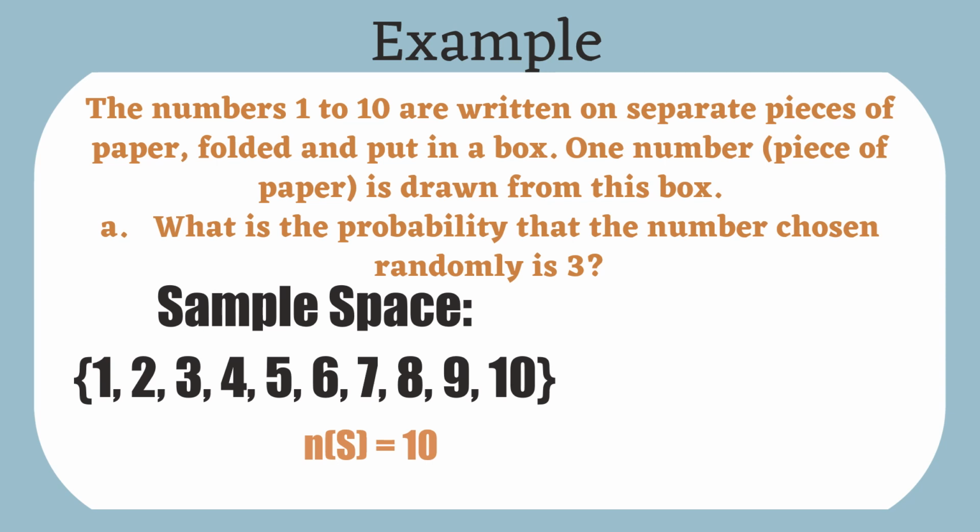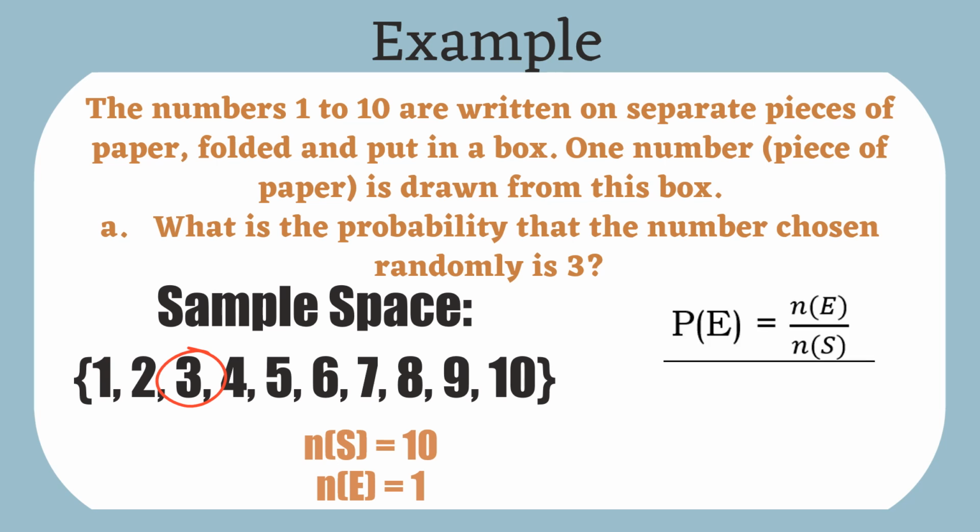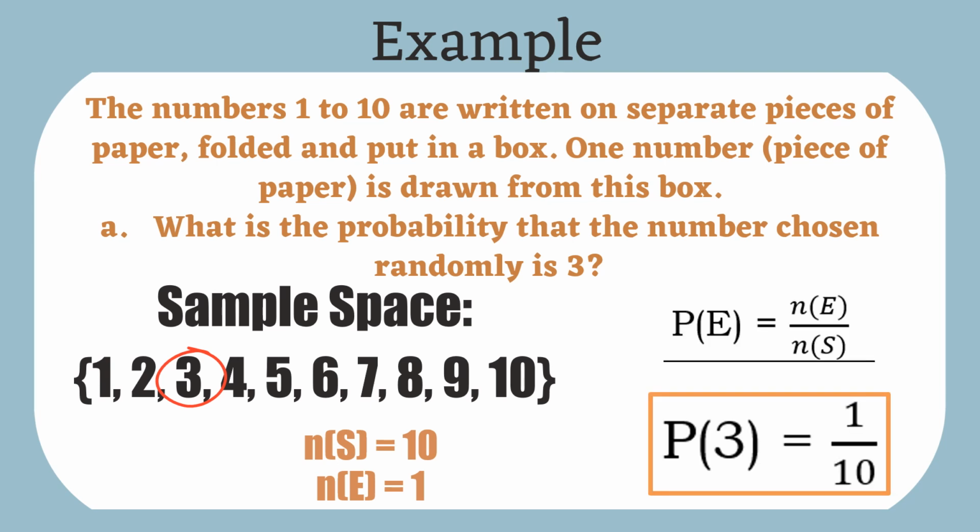And we are looking for the probability that the number chosen is 3. We only have one number 3 in the sample space, thus it gives us N of E is equal to 1. Now substituting it to the formula, we have the probability that the number 3 is chosen randomly is equal to 1 over 10.